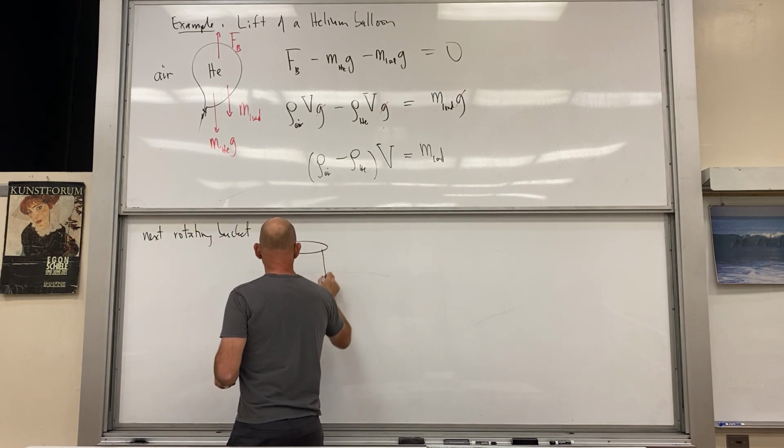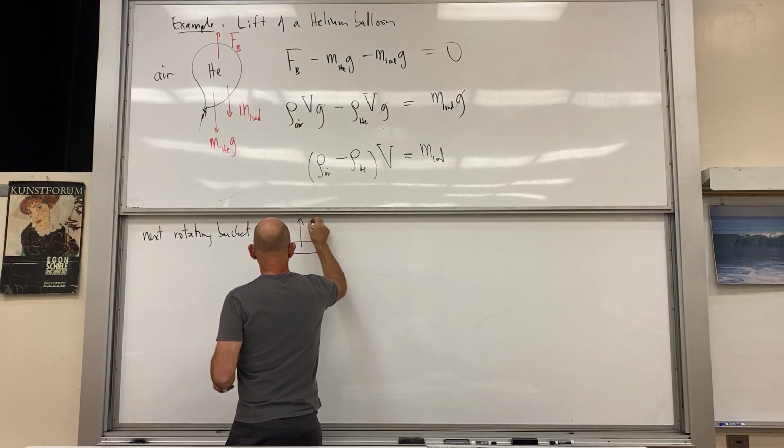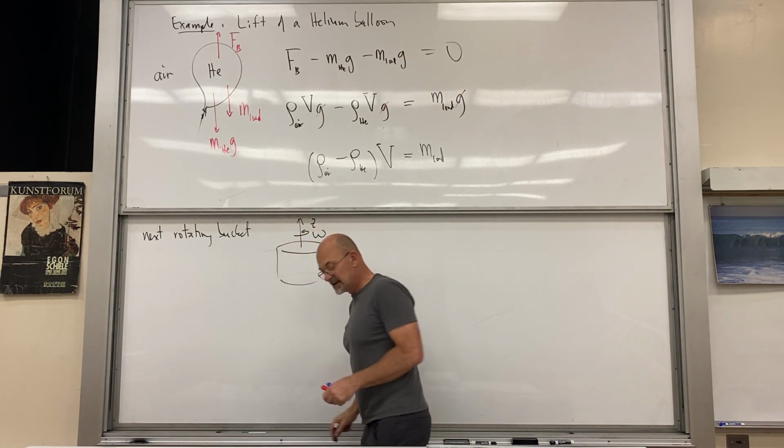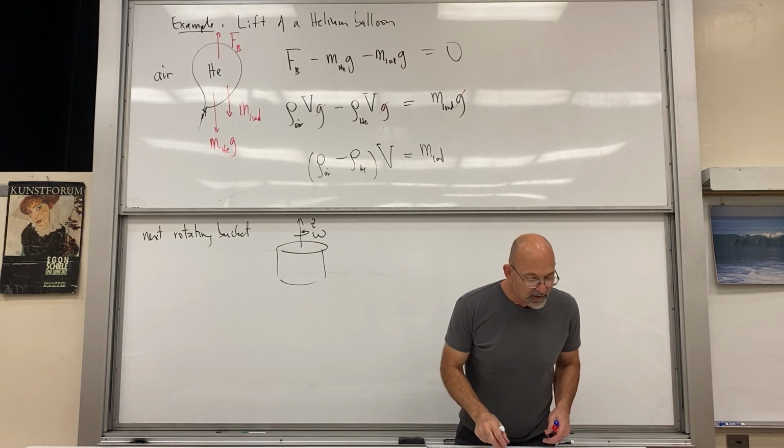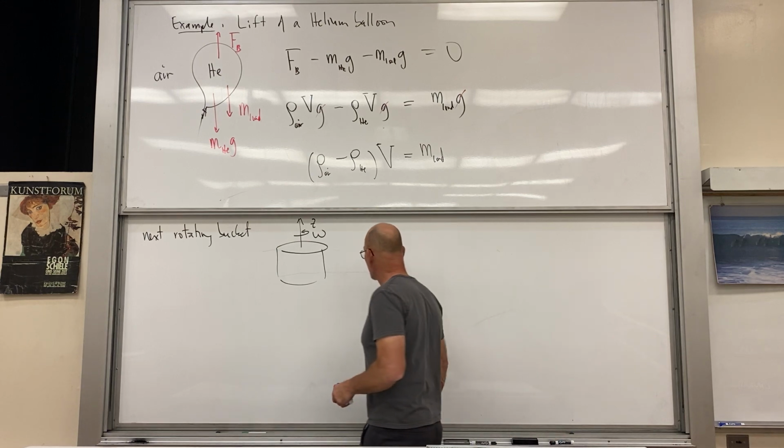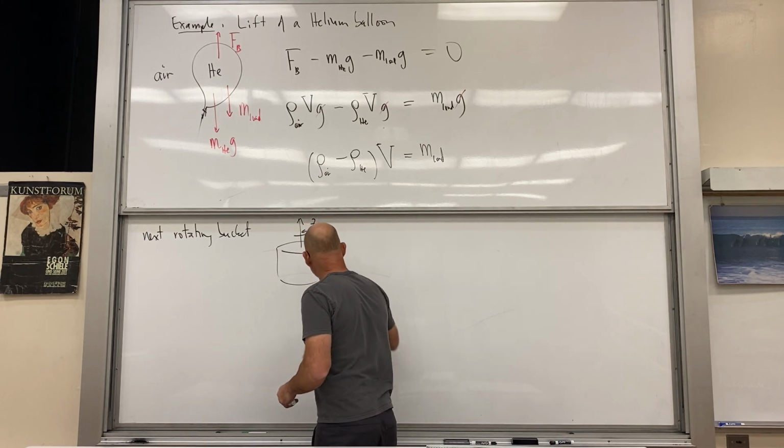So there's our bucket. There's our z-axis. And it'll have rotation. Actually, I think I use a different letter. I'm going to use a capital omega.